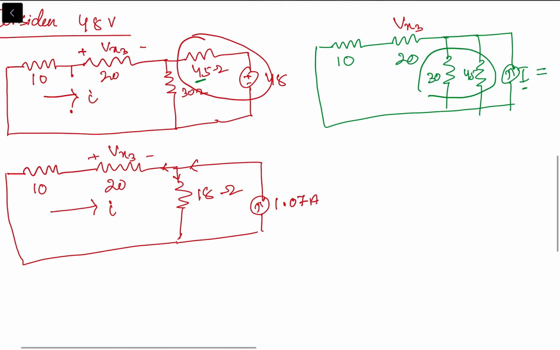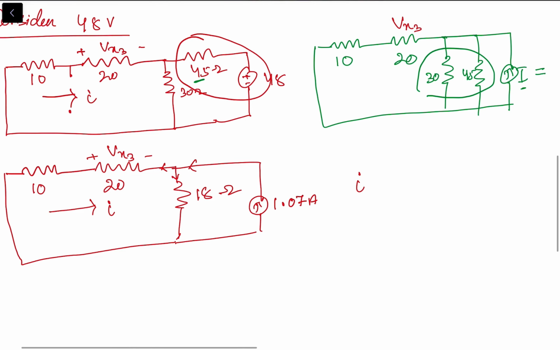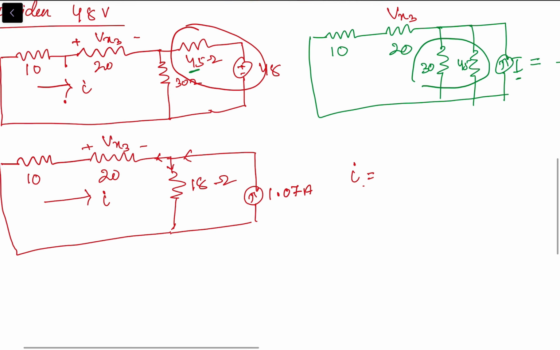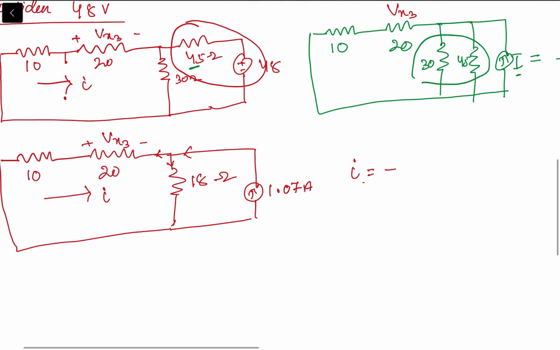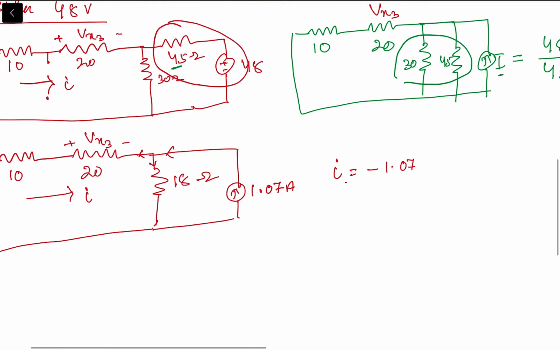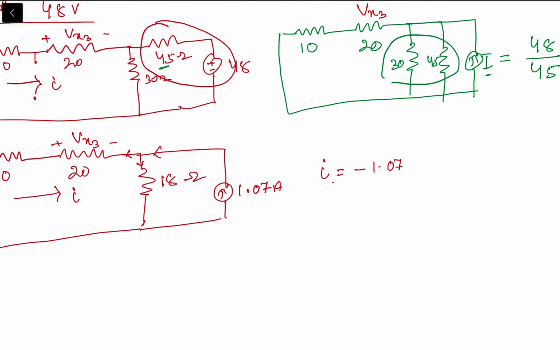If I apply the current division rule, I will be equal to how much? Total current is 1.07, but you can see this current direction is opposite to the direction I have considered. So I will take minus 1.07 instead of 1.07, because it is in the opposite direction.